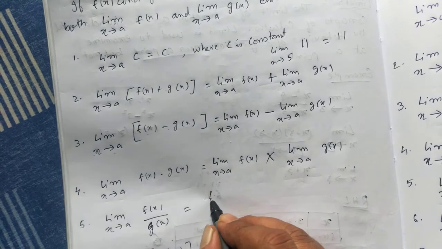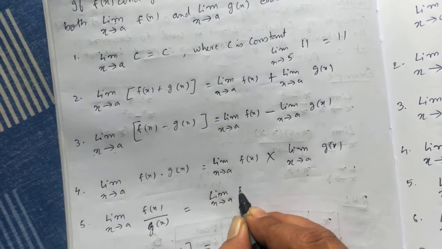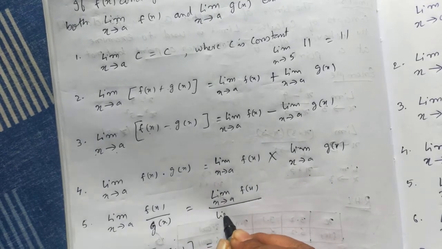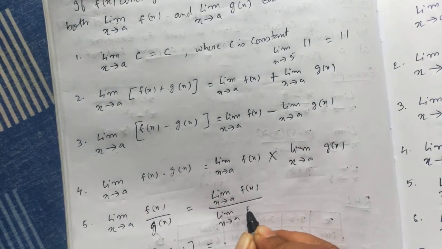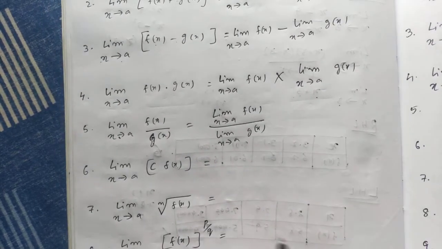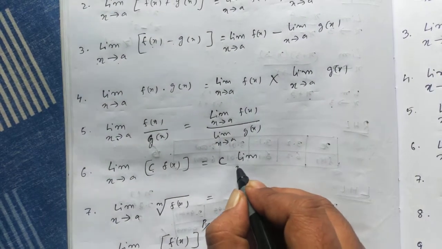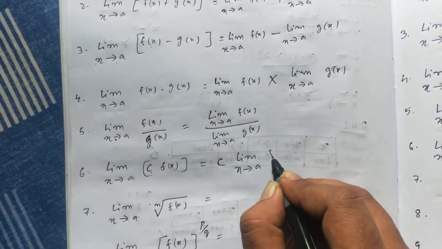Divide also no problem. We can write limit x tends to a f(x) divided by limit x tends to a g(x). So the limit is for both. If a constant is given, the constant you can write outside, and limit x tends to a can be written as limit f(x).